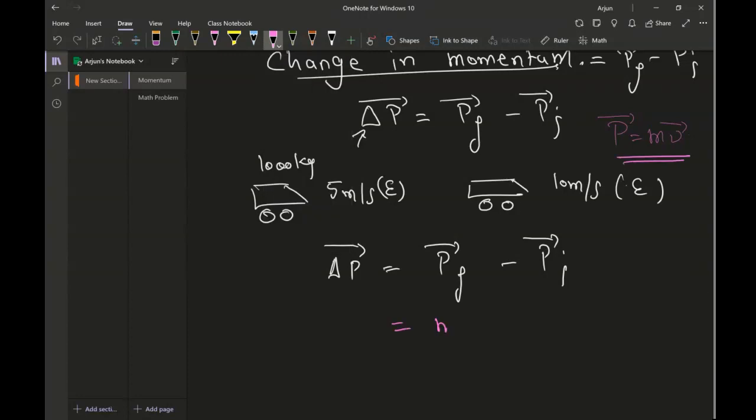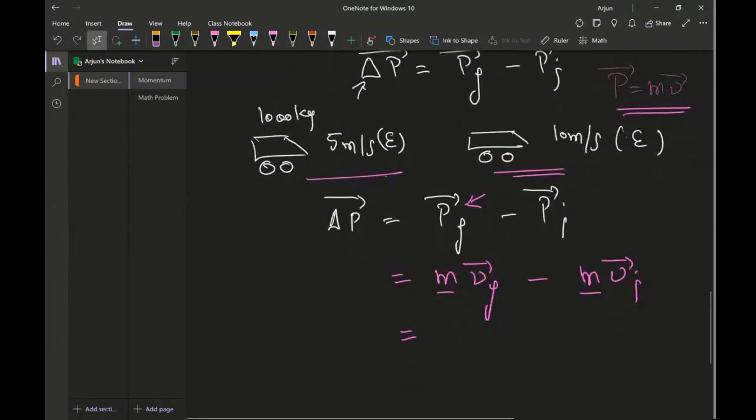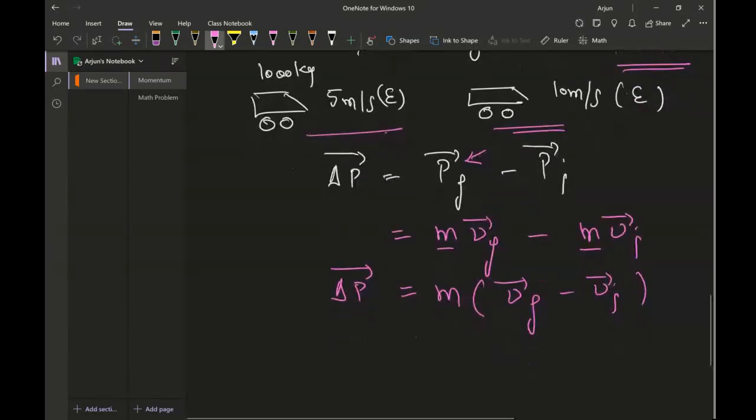This is m times v final, because this is the final momentum, and the initial momentum is the product of these two quantities, minus m v initial. And the mass of the car is not changing. If the mass is not changing, I can take it outside and write it as m times v final minus v initial, which is equal to the change in momentum. Now 1000 times v final, which is 10, minus the initial value, which is 5.